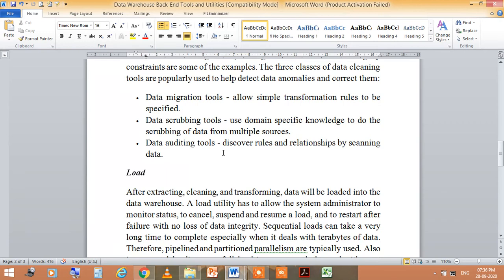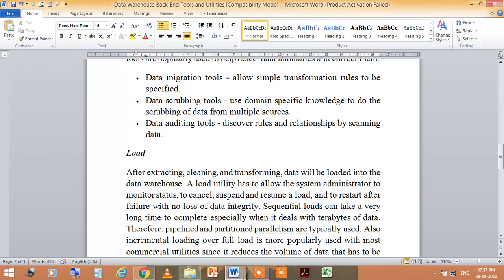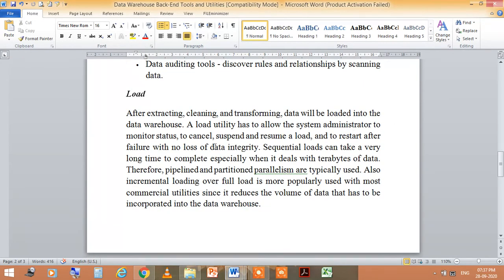Then the next is the load. Load means after extracting, cleaning, and transforming, the data will be loaded, so that fresh data will be loaded into the data warehouse. A load utility has to allow the system administrator to monitor status, to cancel, suspend and resume a load, and to restart after failure with no loss of data integrity.